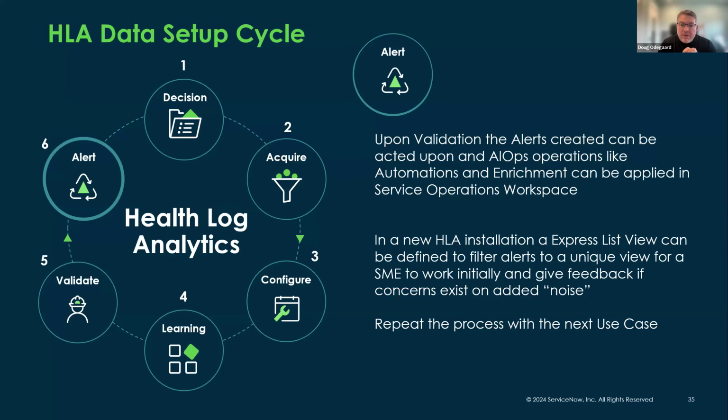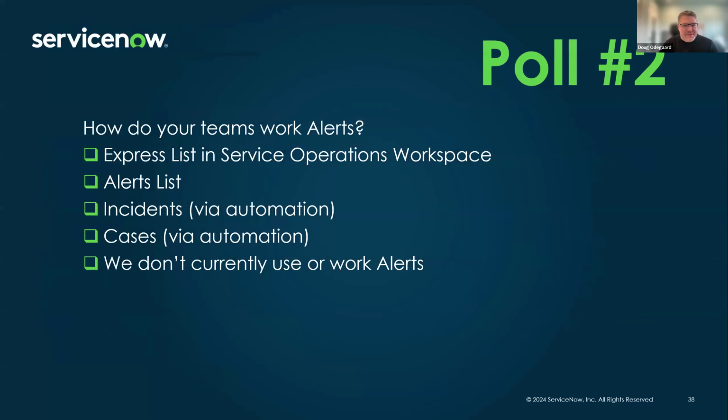But once that validation step has occurred, you make a decision about the alerts and how they will be shown to users. In a new HLA installation, you may want to create a view that specifically has those alerts defined and assigned to a particular person if you have any concerns about added noise. But at this point, it's kind of rinse and repeat, a phrase that I like to say to people.